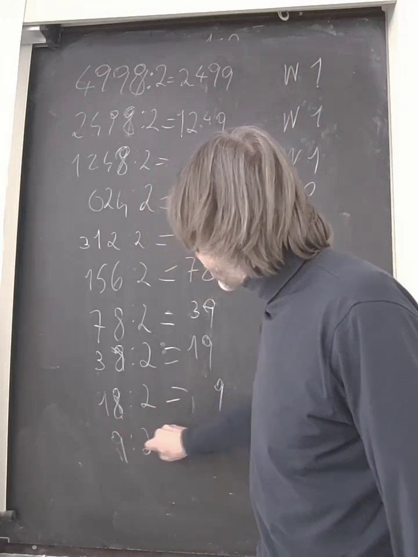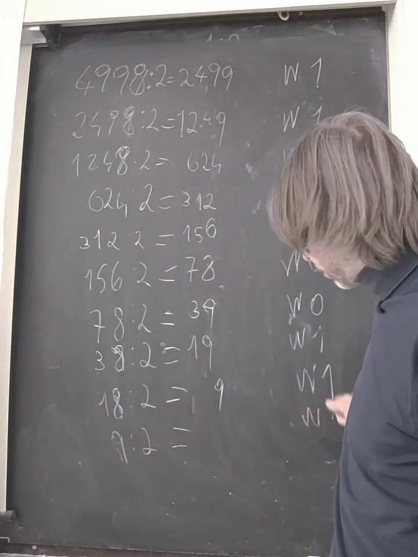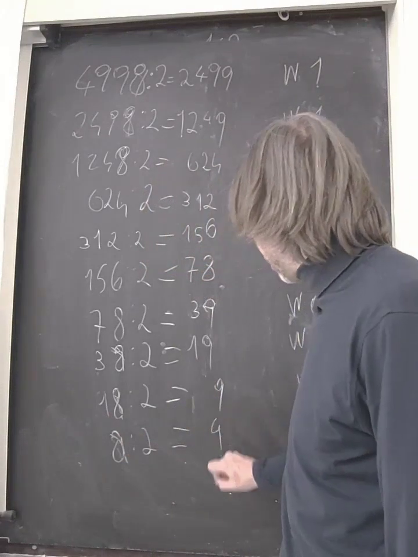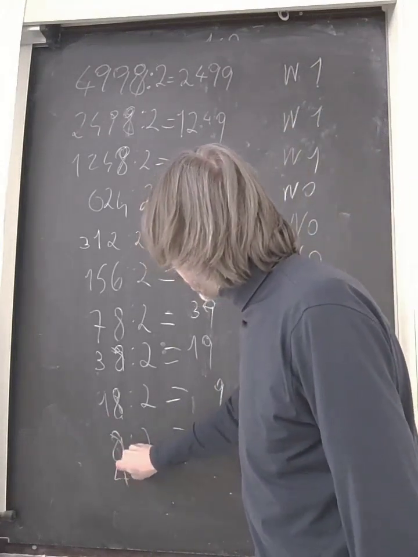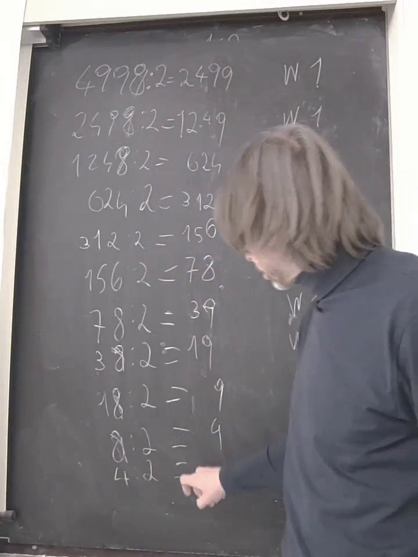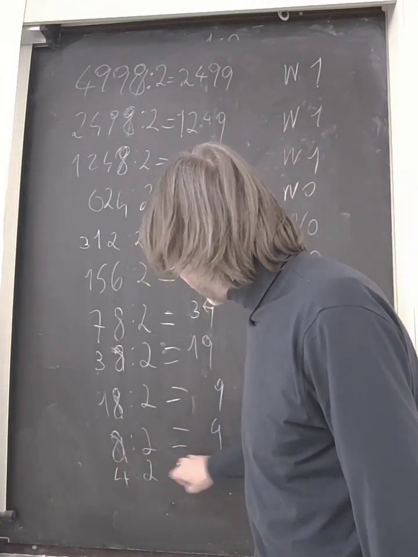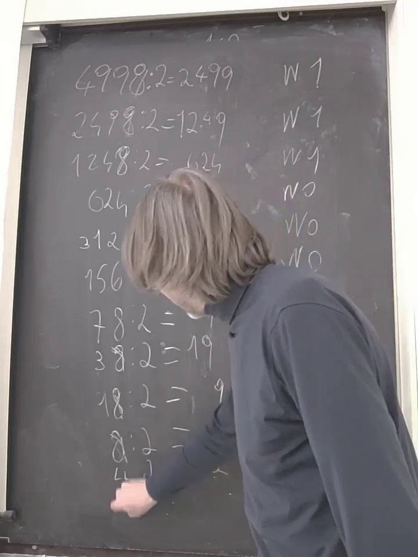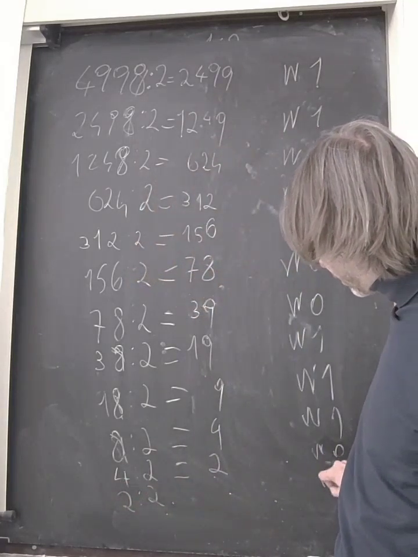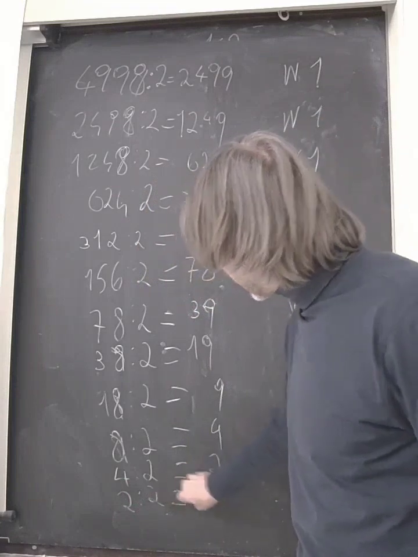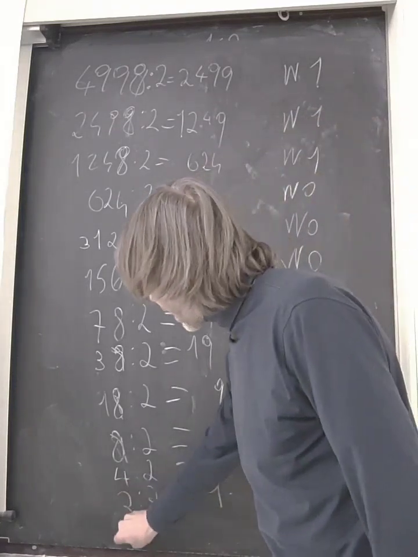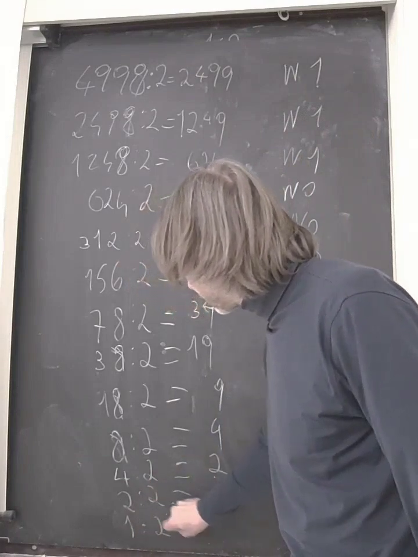9 divided by 2, waste of 1, and it is 8. 8 divided by 2 is 4, okay. 4 divided by 2, waste 0, and 4 divided by 2 is 2. Then 2 divided by 2, waste again is 0, and 2 divided by 2 is 1. 1 divided by 2.